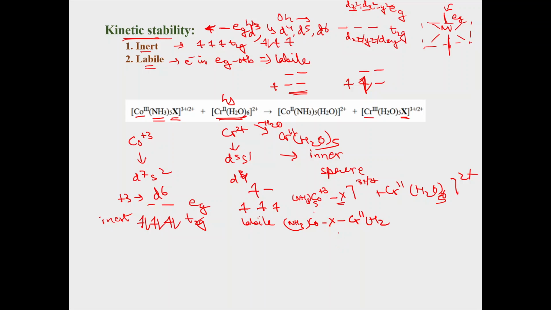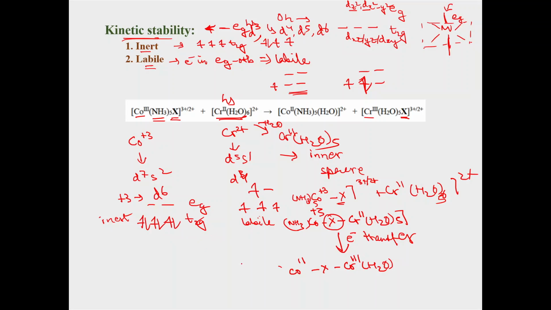Then what happens? Through this ligand, the electron transfer takes place from one metal center to the other metal center. So now electron transfer will take place and cobalt will now become in plus 2 oxidation state and chromium will go to plus 3 oxidation state with 5 water molecules, and here it is having 5 ammonia molecules. Okay.